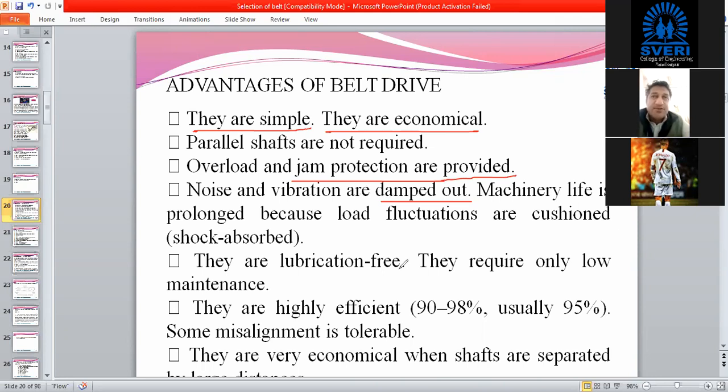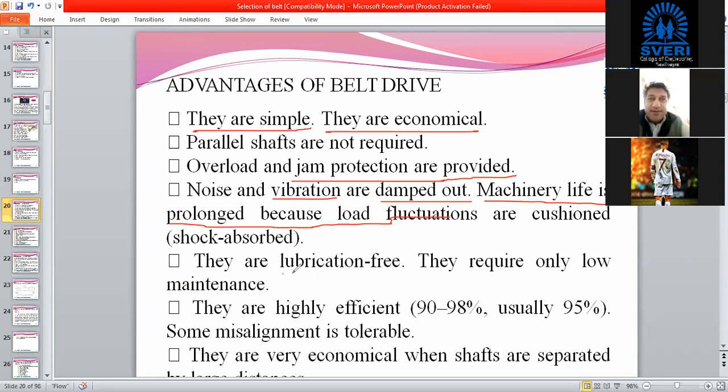If vibration increases, then noise will be generated, because noise basically consists of waves which are generated because of the vibration. So this noise and vibration can be damped in belt drives. Hence machinery life is increased. That's why it is going to become an advantage.